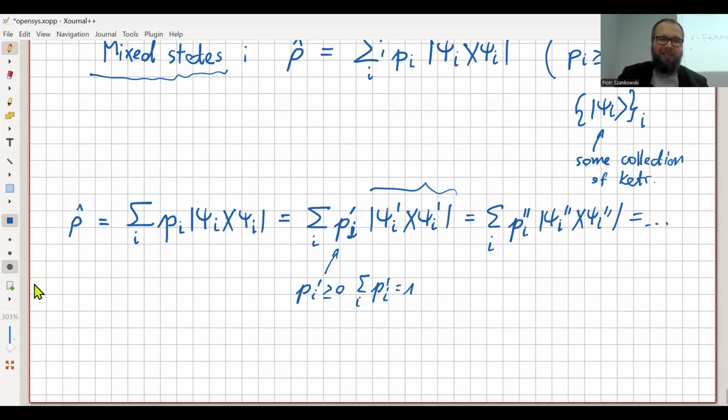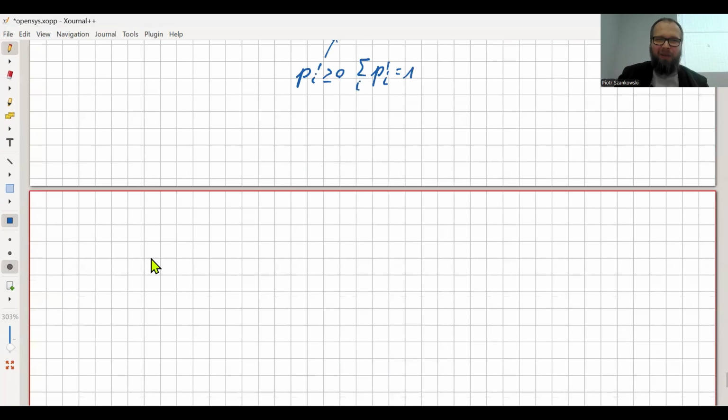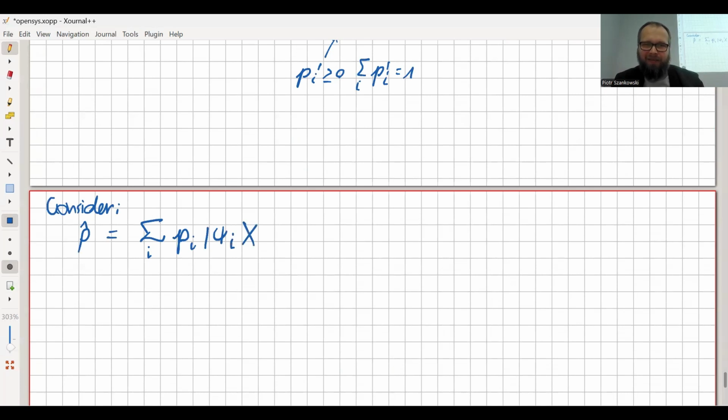So to showcase how it works, let us consider a density matrix that we know we can write as a mixed state.